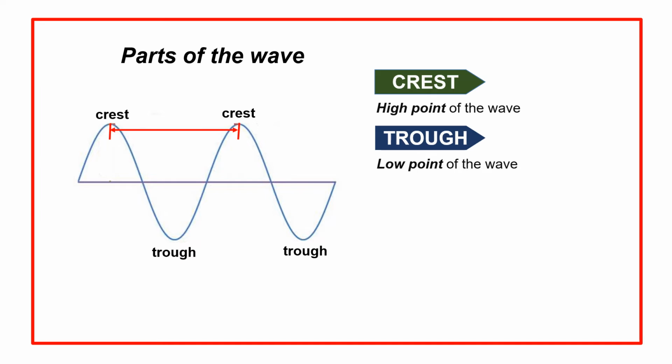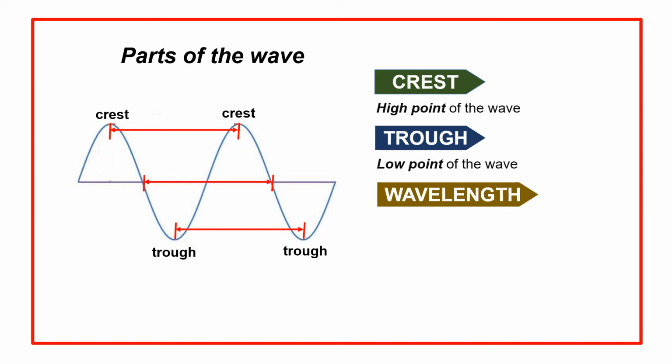Now observe these distances in the wave. We have from crest to crest, from trough to trough, and at the middle is the rest point. Now when we say rest point, it means it is the point in the wave wherein there is no sound. That's why it is called the rest point. Now, what do we call these distances?